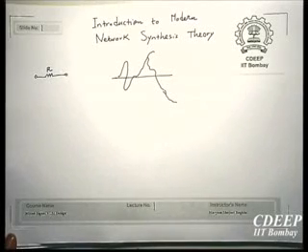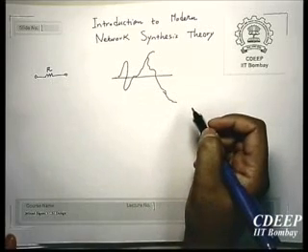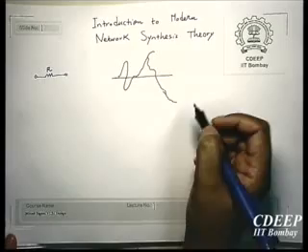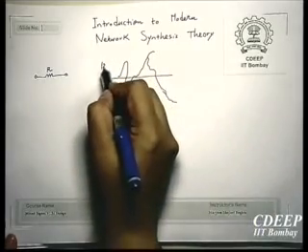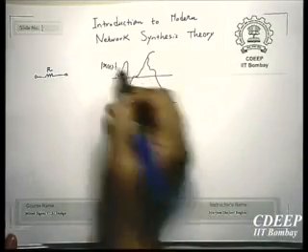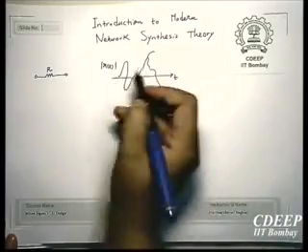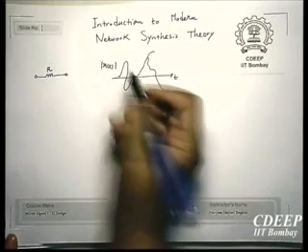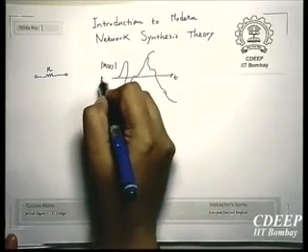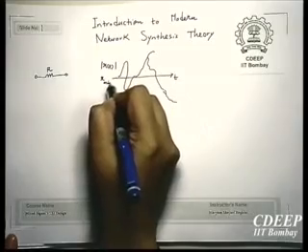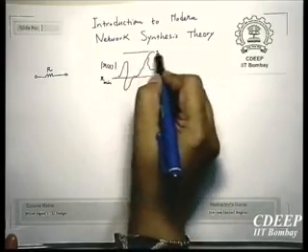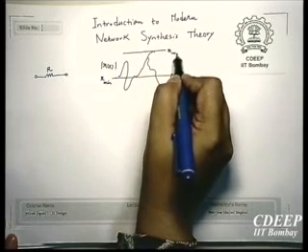But this is not practically possible. Consider this the absolute value of the signal. So this is, for example, some level which is my threshold level. I call it X min, and there is an upper limit. I call it X max.